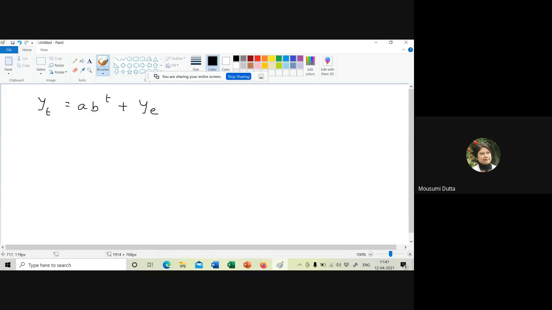In this format, we know the values of A, B, etc. for a specific question. We know the value of YE for a specific question. However, I'm writing the general format of the time path: YT equal to A B to the power T plus YE. Everybody is understanding this is the structure of the time path.